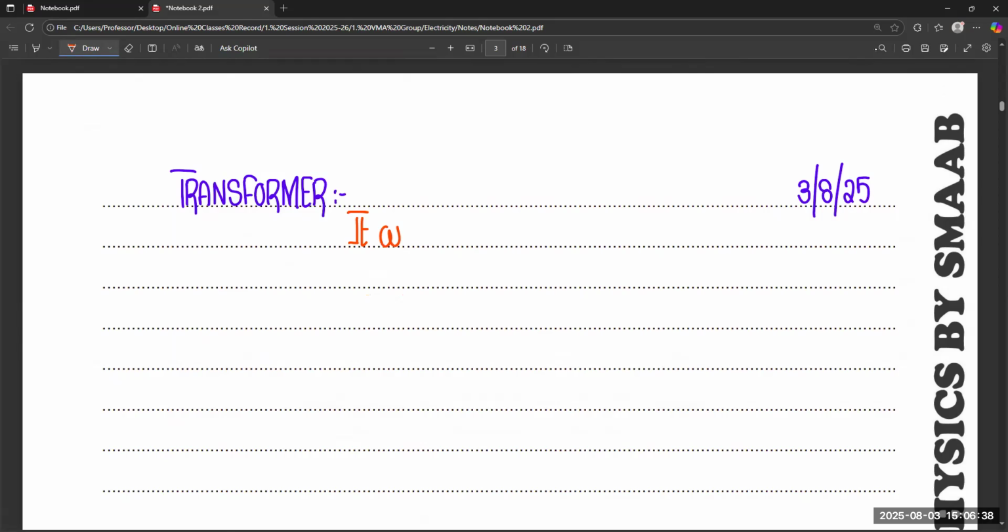So it works on the principle of Faraday's law of electromagnetic induction.